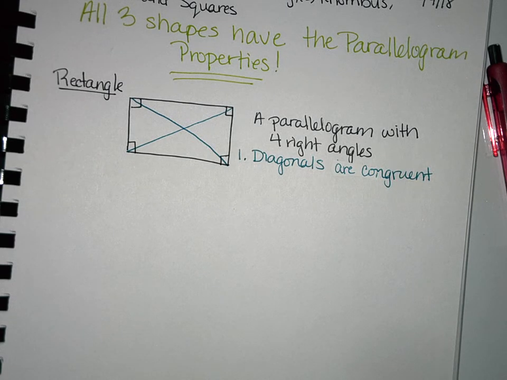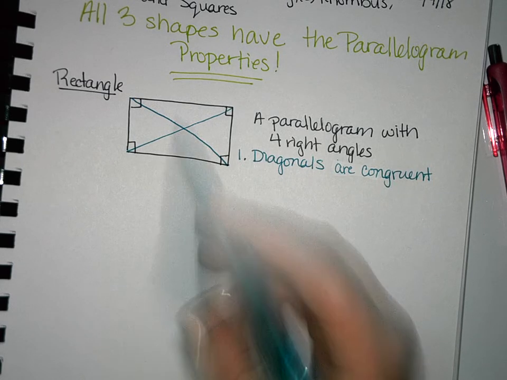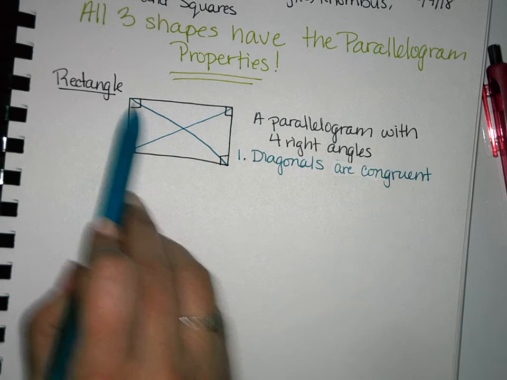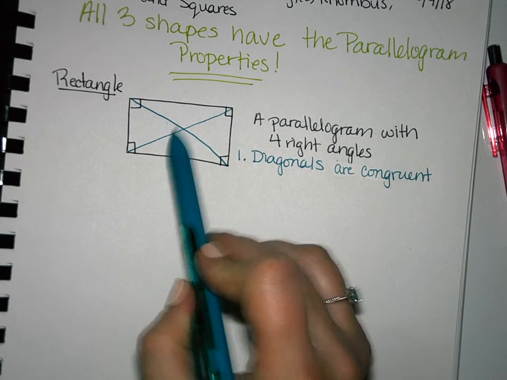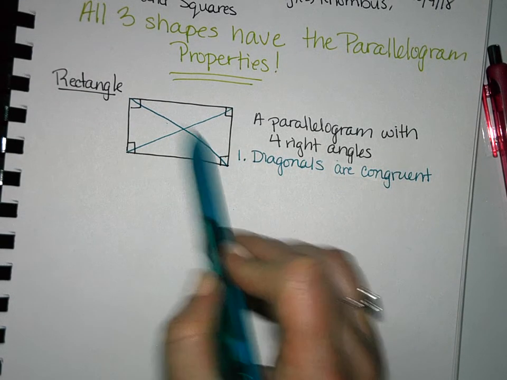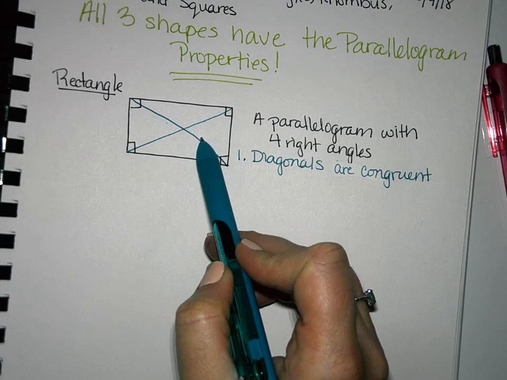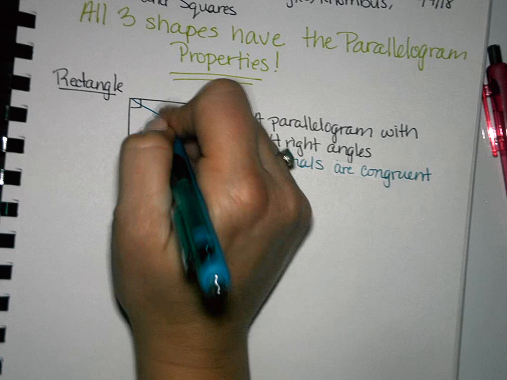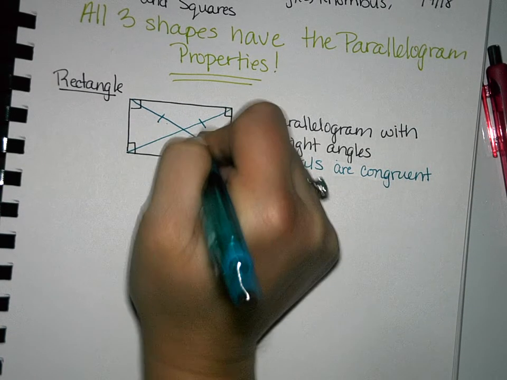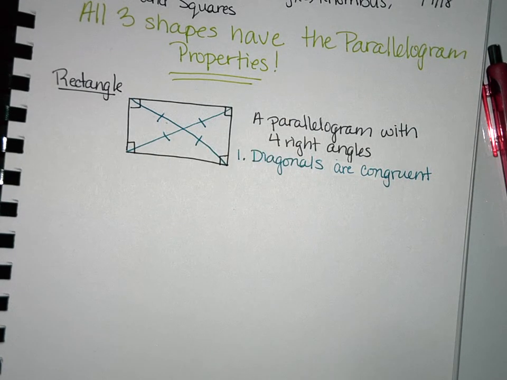Now, because it's a parallelogram, we also know that the diagonals bisect each other. So if we have two equal segments, and we know that they're cut in half, what do we know about all four halves? They're all the same, or they're all congruent. So what does that make on the inside of our rectangle?